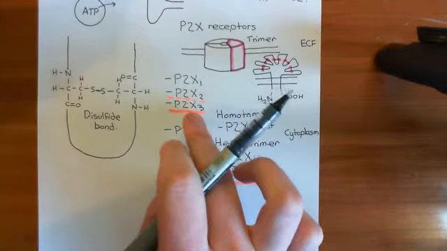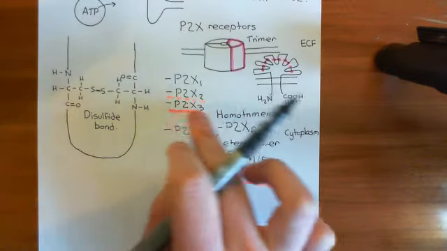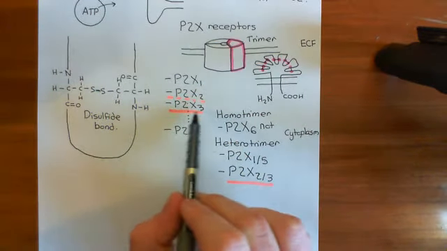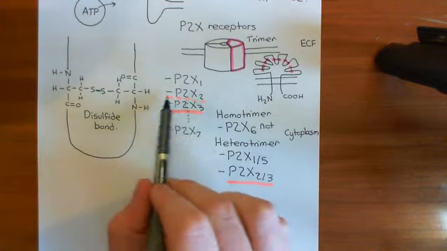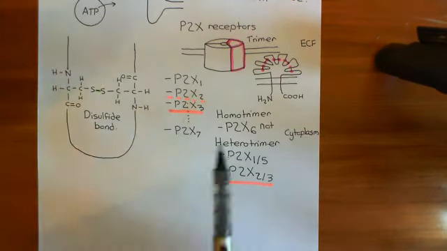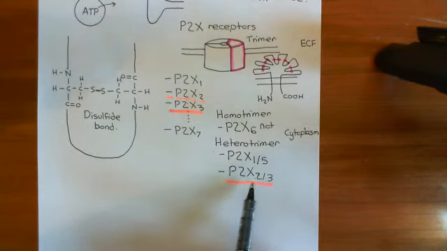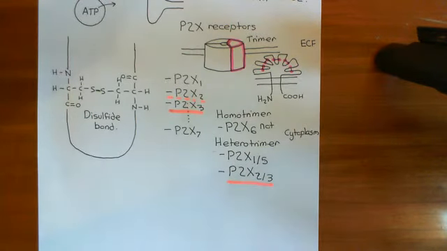Okay, you can then join them together to make homotrimers, okay, and mainly we think that P2x3 is probably more important than P2x2 homotrimers, and then you can also make heterotrimers where you've got mixtures of P2x2 receptor subunits with P2x3 subunits to make the entire trimer.